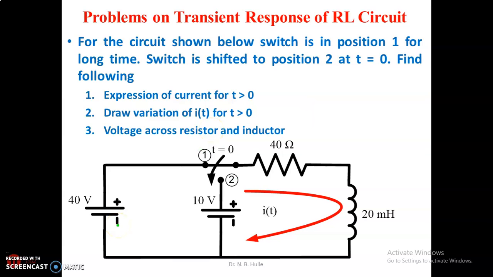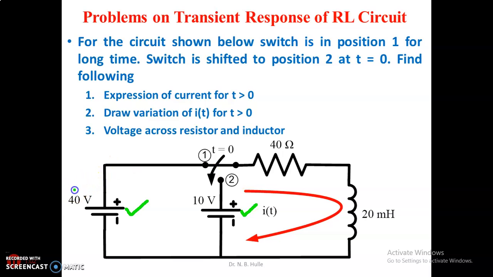In this case, we have the source before switching as well as after switching. Depending on the value of the source before and after switching, it behaves similar to the source driven or source free RL series circuit.